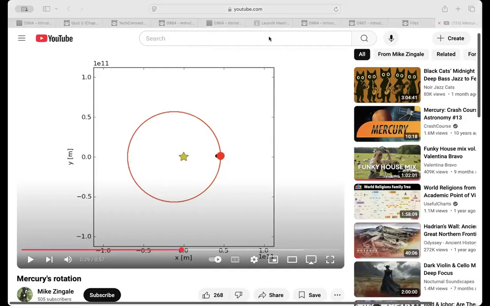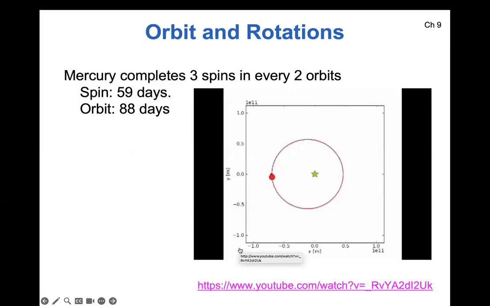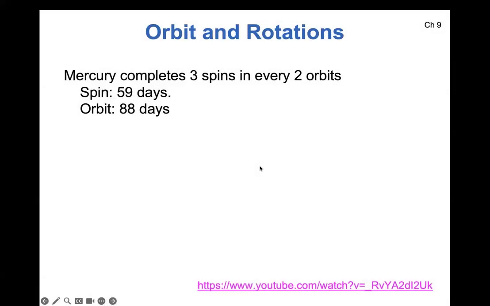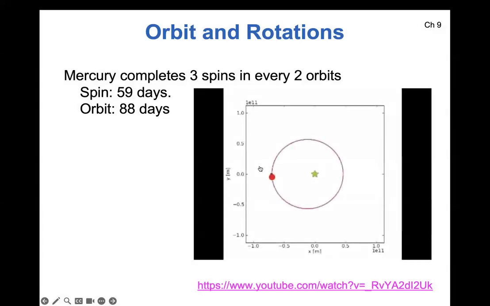What it tells us, and I'll switch back to slides, is that the relationship between the Mercury day and Mercury orbit is such that, because of this 3 spins to every 2 orbits, it takes 2 Mercury years to have 1 Mercury day.